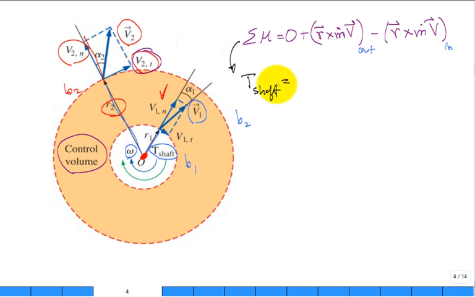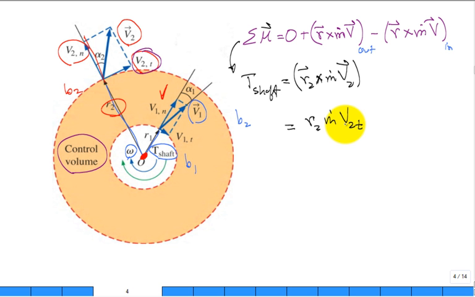This is 3D, but we're going to do it for the axis running perpendicular to the sheet of paper into the third dimension. So when we do the outflow, it's going to be R2 cross mass flow rate V2. We can now do that cross product, and we see that it's just going to be R2, that perpendicular distance, and m dot, and V2T, that scalar tangential component.